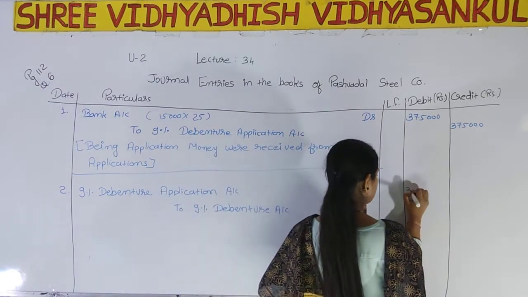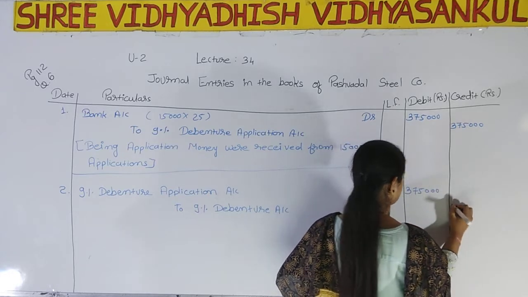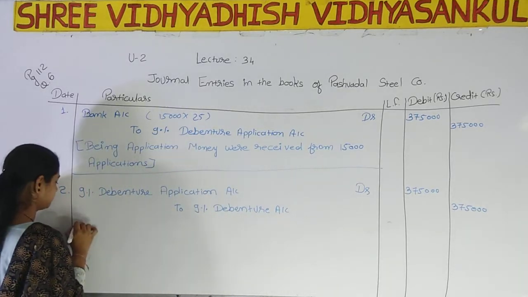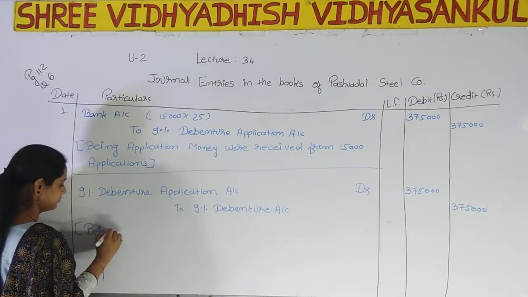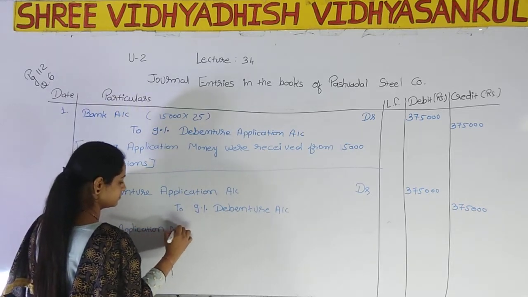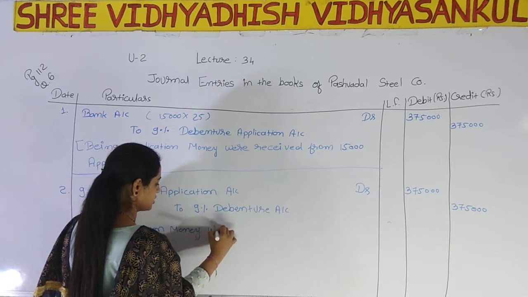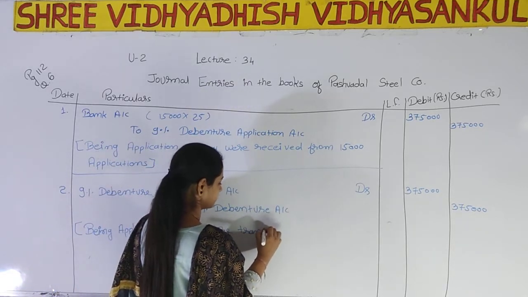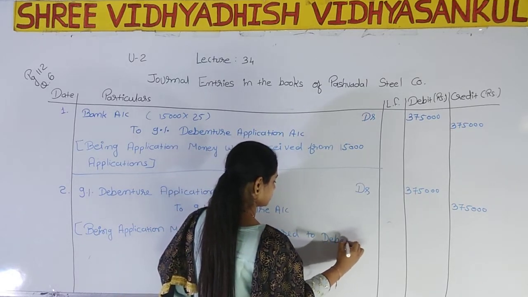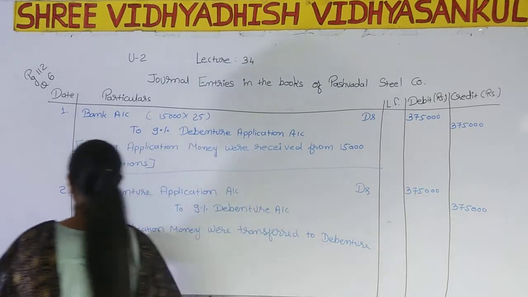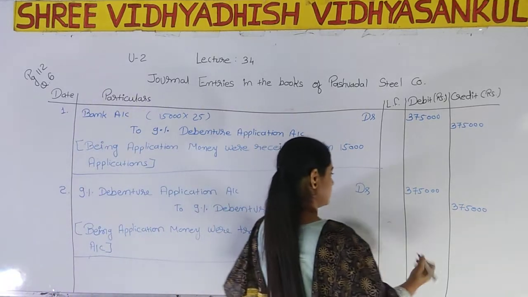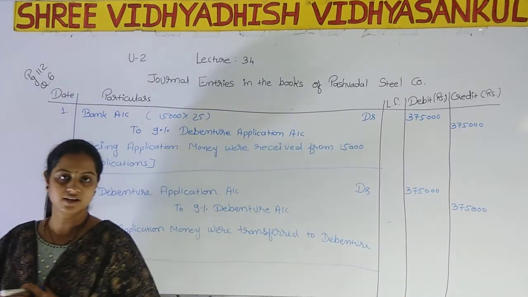The amount will be 3,75,000, because no additional application, that means no oversubscription. In the bracket write: Being application money were transferred to debenture account. Bracket over, underline, leave one line. But before discussing the next, write down this.